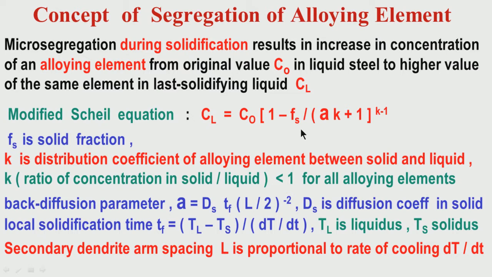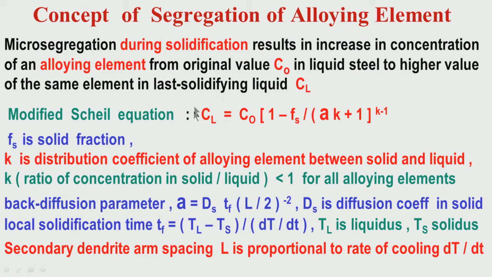So, please try to remember what is happening. Small k means high Cl. Small alpha means small D; the smaller the D value, the lower will be the alpha value. So, a smaller alpha value because of the smaller D value again will increase Cl.